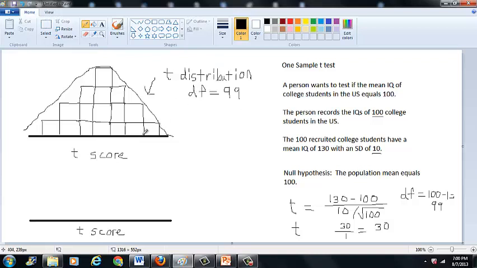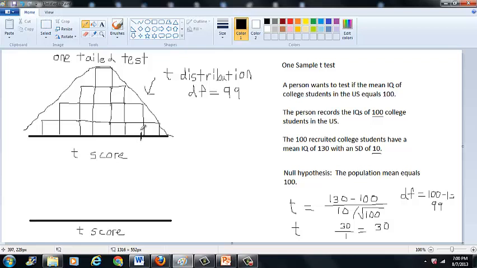Now let's look at where the critical values are. First, let's start with a one-tailed test. In a one-tailed test, the critical value is the point on this t-score number line.